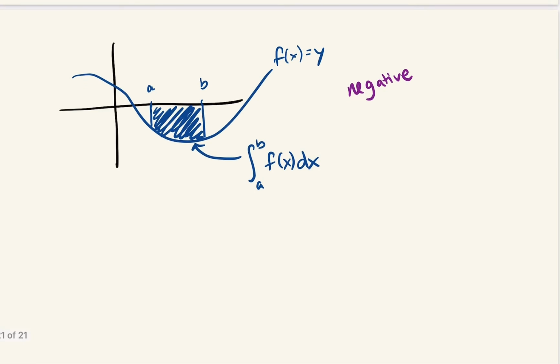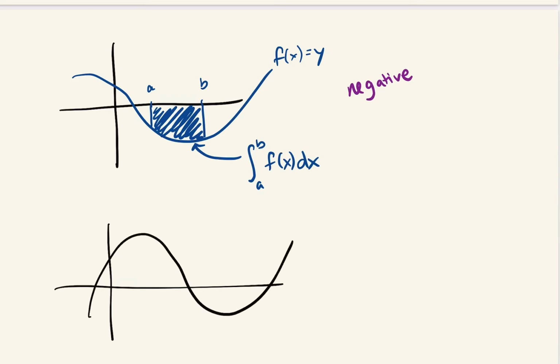Okay. So if in particular we had a function that did both, and let's say we went from a to b, and for convenience, let's call this middle point c.